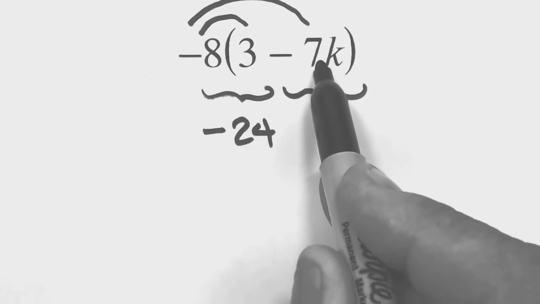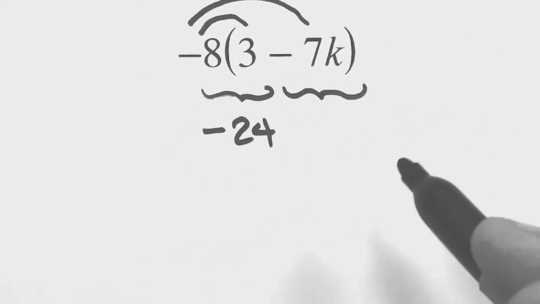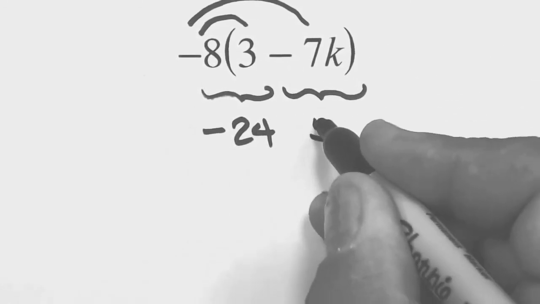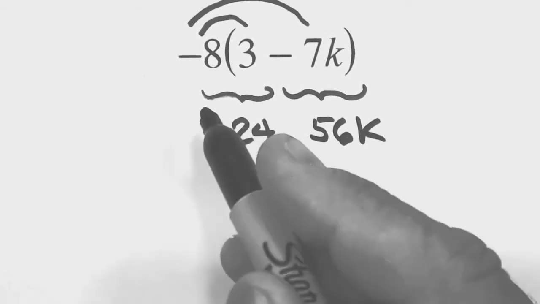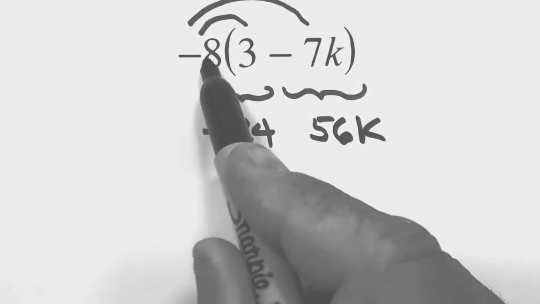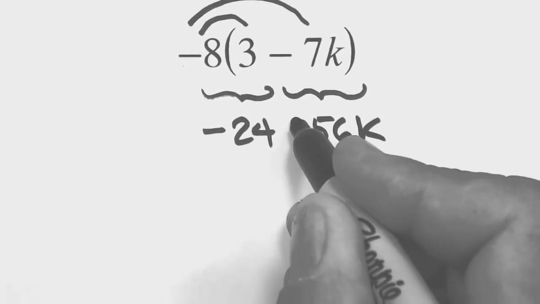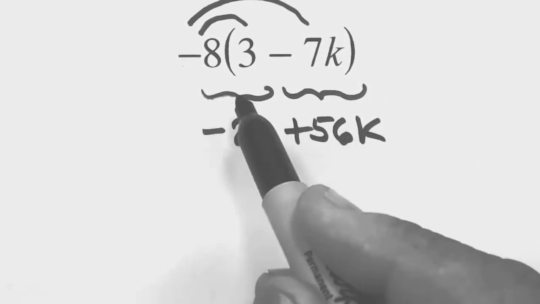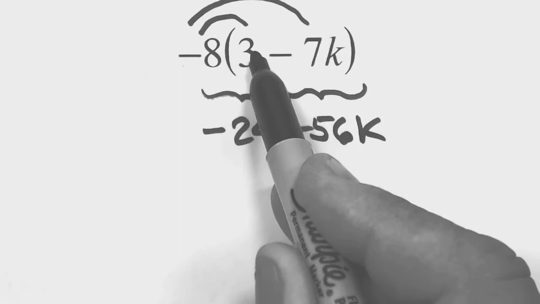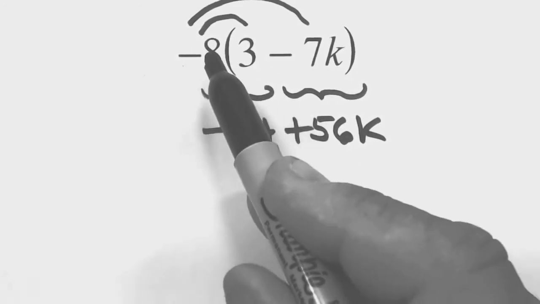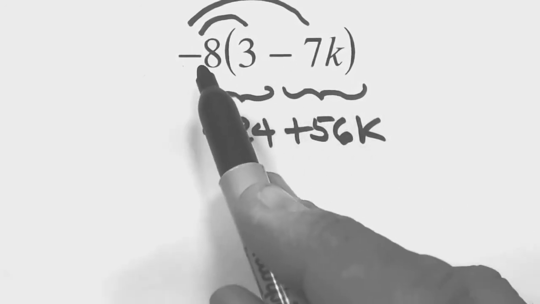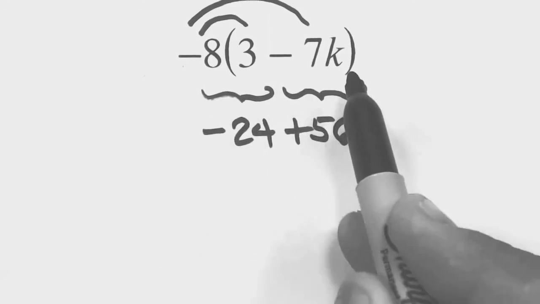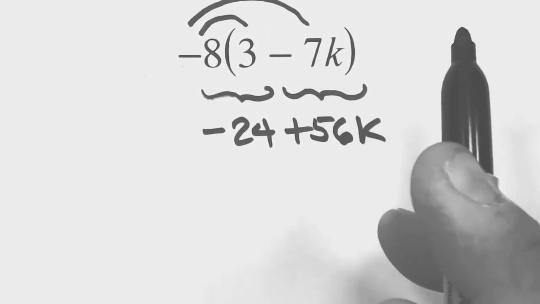8 times 7 is 56, there's only a single k, so we have 56k, but notice we have two minuses. Minus and minus can be combined to a plus. So, distributing in here again, -8 times 3 is -24. -8 times -7 will give me positive 56 and k to the first power.